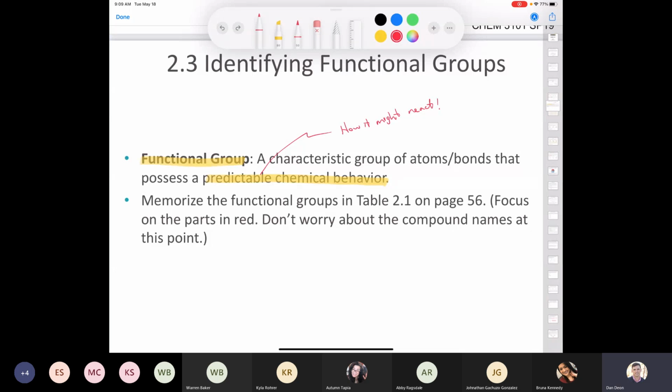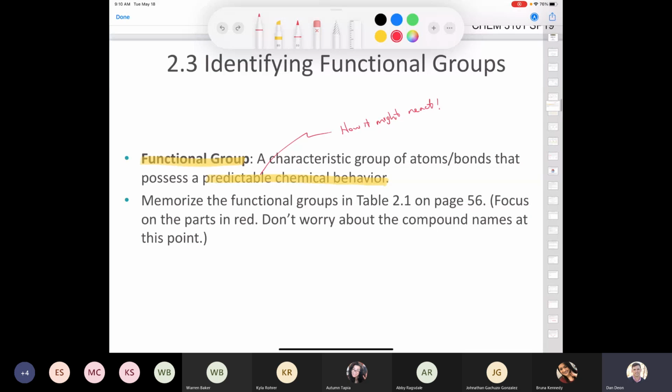So you need to memorize all of the functional groups that are in table 2.1 in the textbook. The whole table is in there. Focus on the parts in red because there are some examples in there. One of the columns says example and it has a whole bunch of names of different organic compounds. I'm not going to ask you how to name all the different compounds.